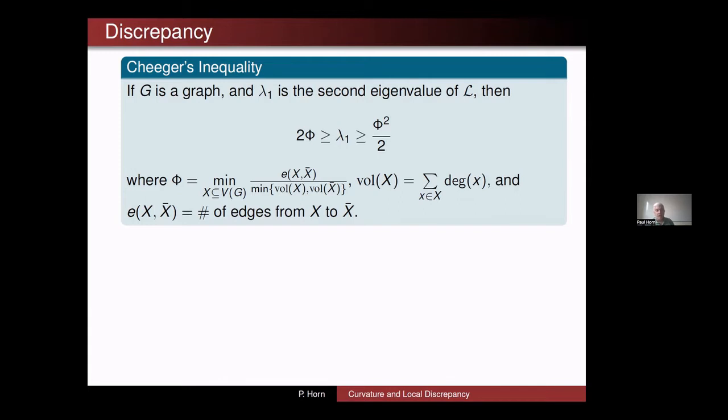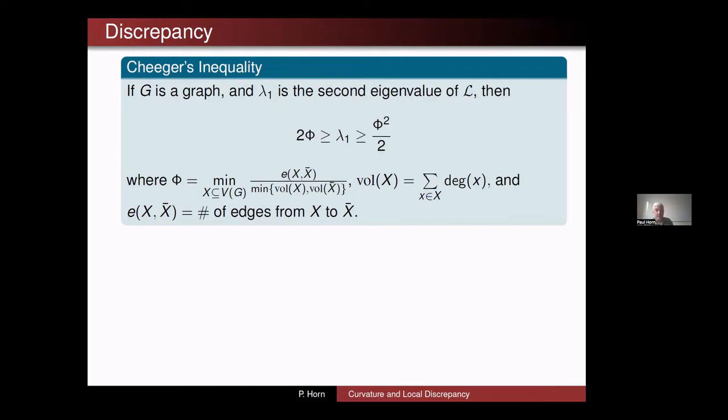Cheeger's inequality relates an isoperimetric property of my graph. It is a measure of a normalized cut. So I'm comparing how many edges I have to cut to remove a piece versus how large that piece is. So that gives me a kind of normalized cut.